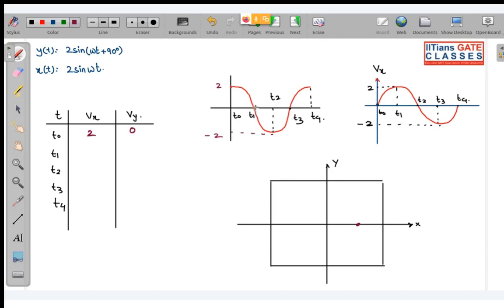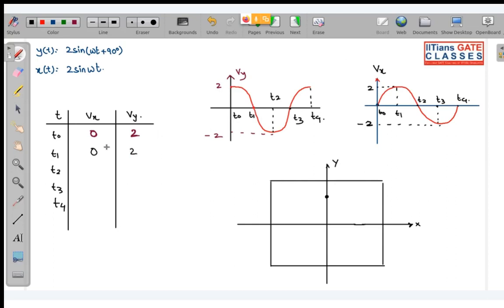Next, T1, you can see what? Sorry, have I taken it wrong? Yes, I have taken the wrong value. So this was Vy. So this was 2, this was 0. So basically it will hit somewhere over here. Now next point at T1, Vy is equal to 0, Vx is equal to 2.